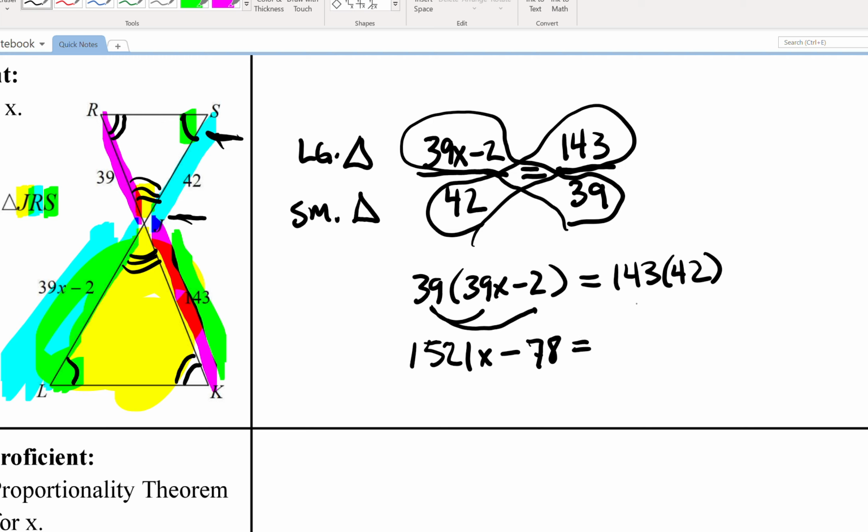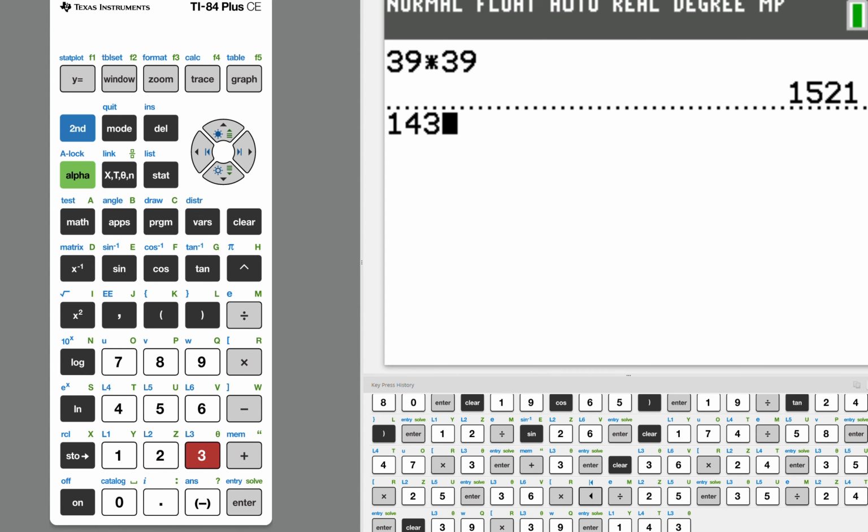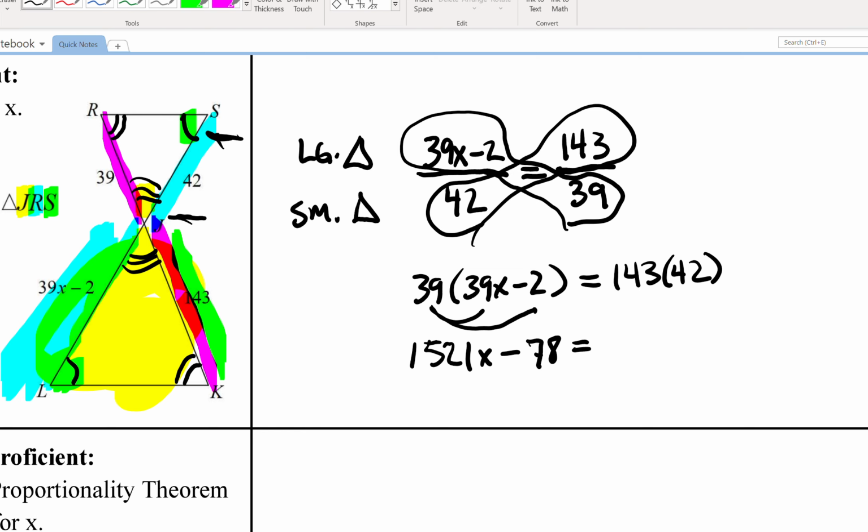And that's going to be equal to 143 times 42. And 143 times 42 is 6,006. So this is equal to 6,006.